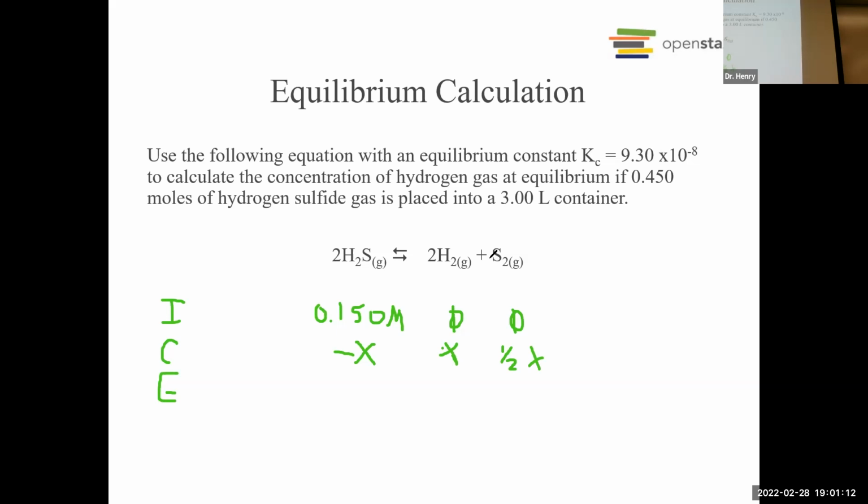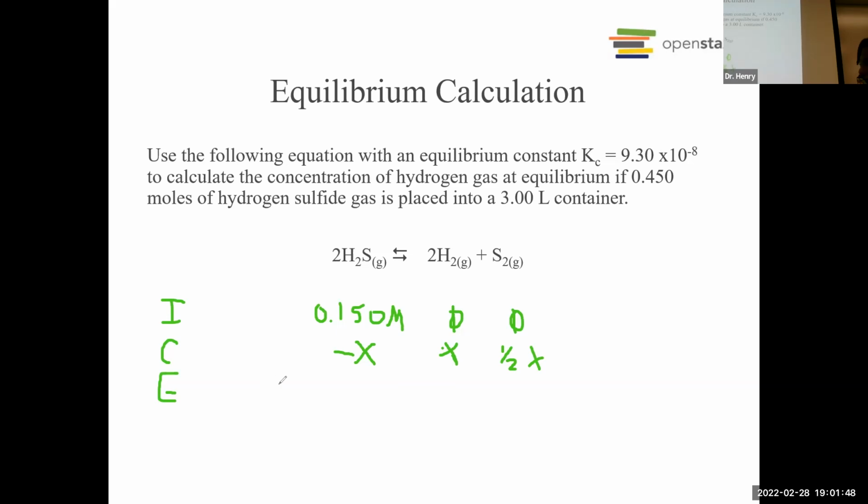Yes, for the change, that's right. What you're losing from your reactant, you're gaining for your product. Does that make sense? In this case it's a 2-to-1. If it was also 1 here, like we had earlier, then we would just use X. Does that make sense? Okay.